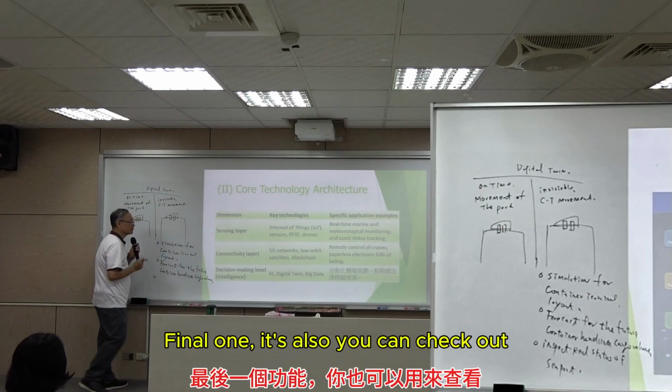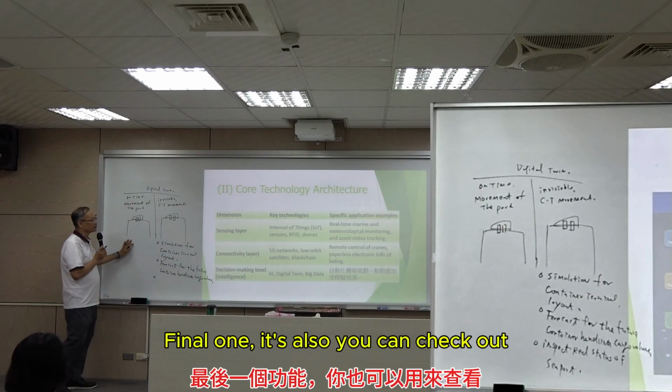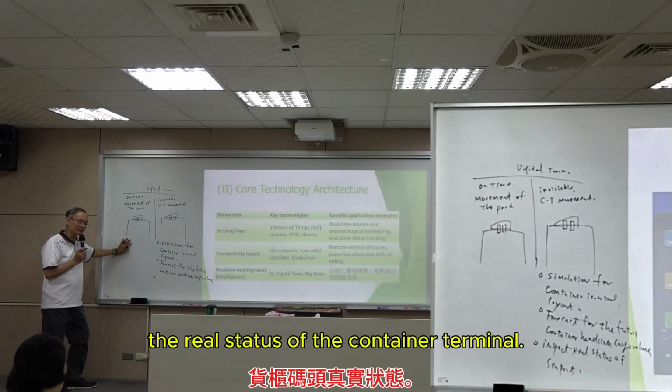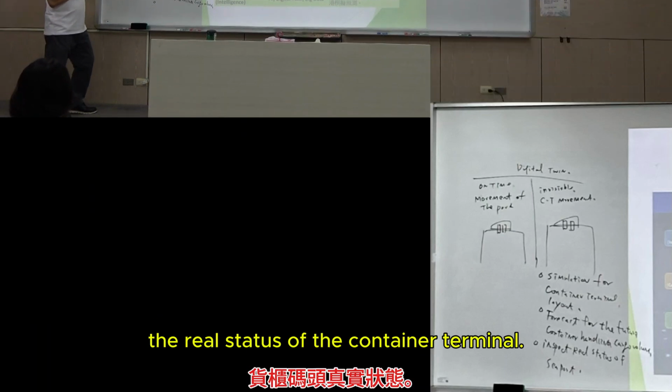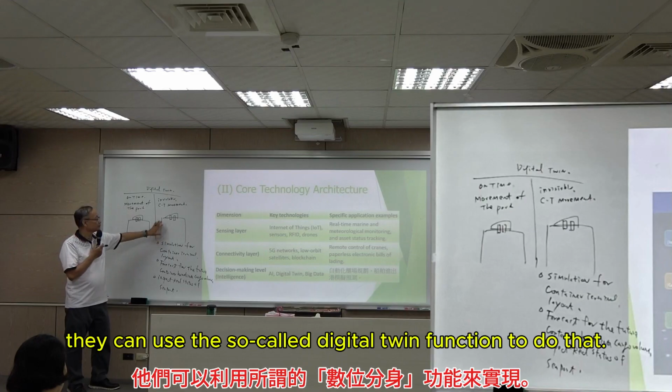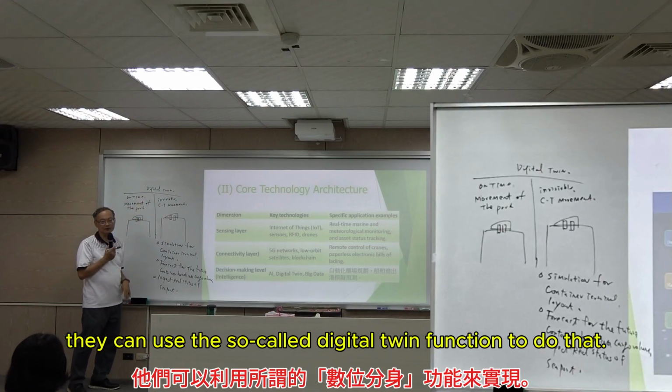Finally, you can also check the real status of the container terminal, that means invisible container terminal movement. They can use this so-called digital twin function to do that.